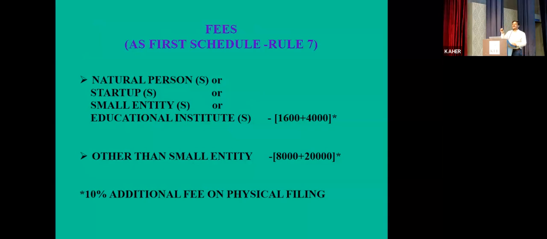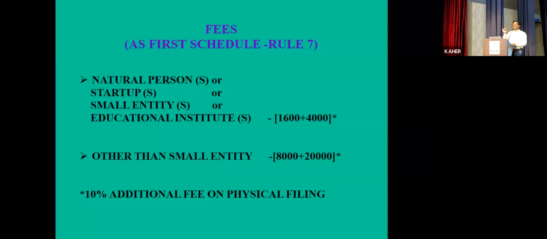Who is covered in the 1600 plus 4000? Natural persons, startup companies, small entities, and educational institutes. All these 4 types of persons are covered under the 1600 plus 4000.